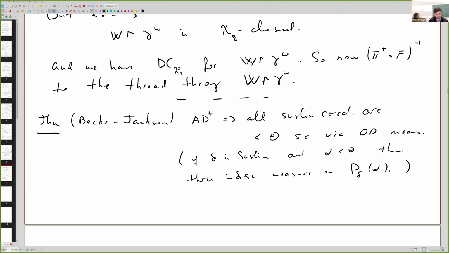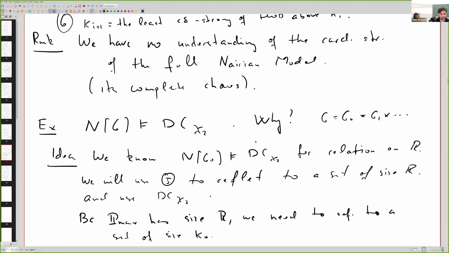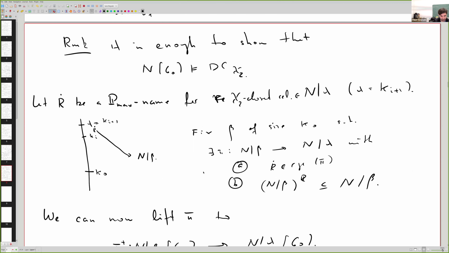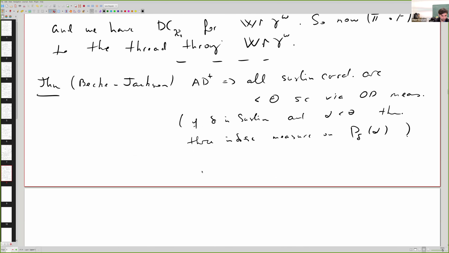And they go down, so using this reflection, you can prove that the Nairian model is closed under the theorem. Again, the BLS.